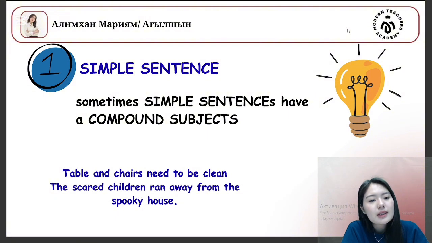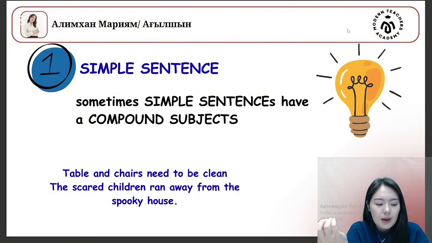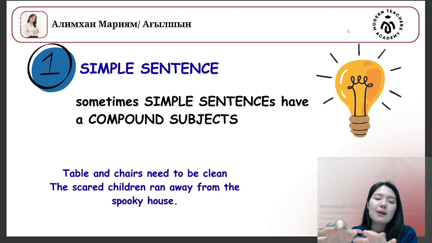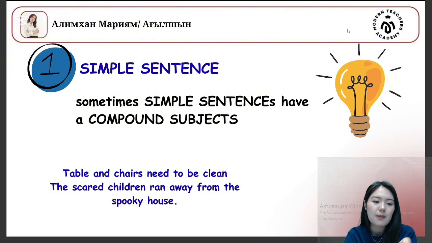Sometimes simple sentences have compound subjects. What does compound subjects mean? It means we might sometimes have two subjects. For example, in the first example: the table and the chairs need to be clean. Here we have two subjects. What's the subject?